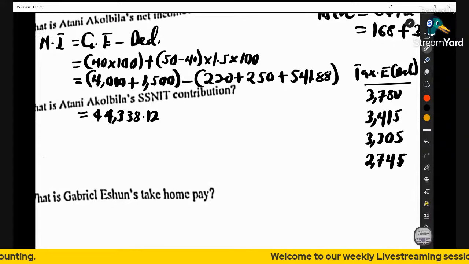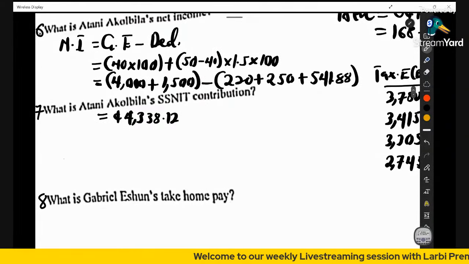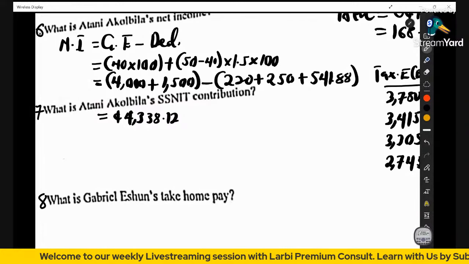Okay, so once you're able to get it, that's fine. So that becomes what? The net income that the attorney will take. By net income, it means the amount you're going to take home. We call it the take home pay. So let's take note of that.